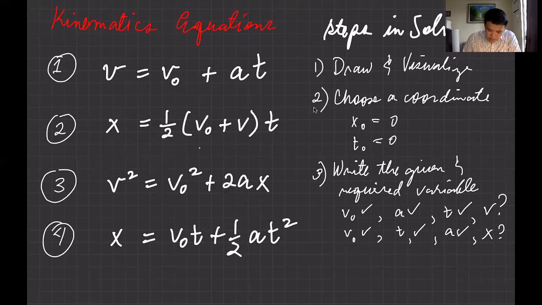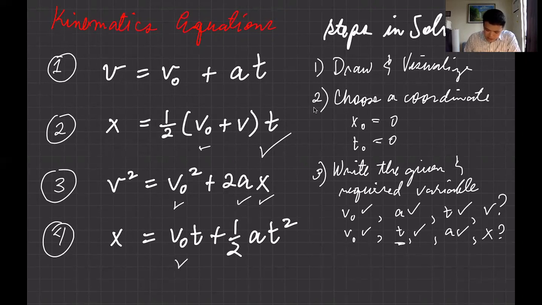This one has v naught, but we don't need the final velocity. This one has time, but there's no acceleration, so we cannot use equation number two. Equation number three has v naught and x, which is required, but there's no time. What we have is time, so we cannot use equation number three. How about equation number four?